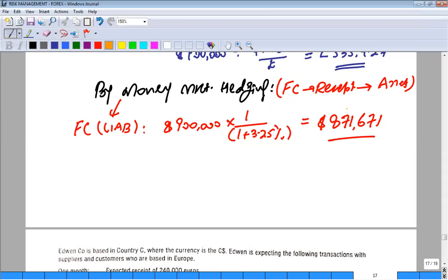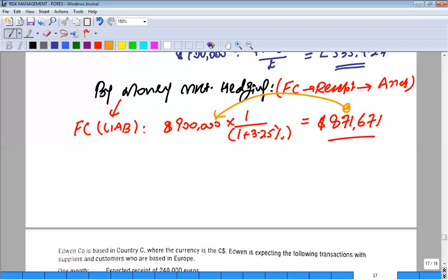This is the very important point: after 6 months the bank will call us and say that the time is over, your 871,671 including interest, $900,000, is now due, and we are demanding that you pay us. At the same time you will call the customer and collect the amount of 900,000 and pay it to the bank. That is connected. Customer asset, bank liability become match.